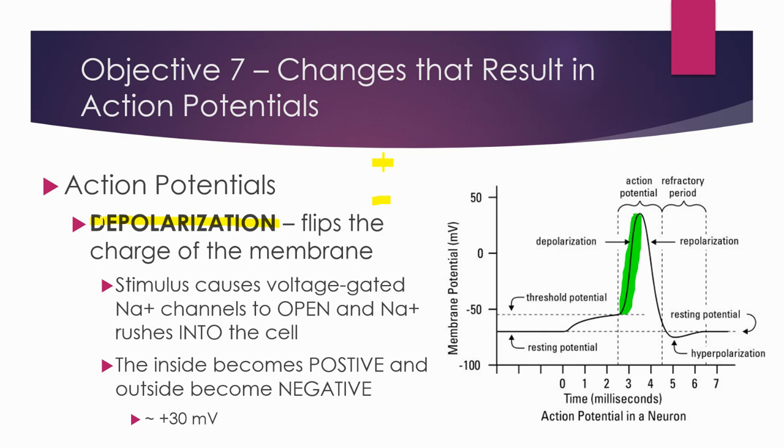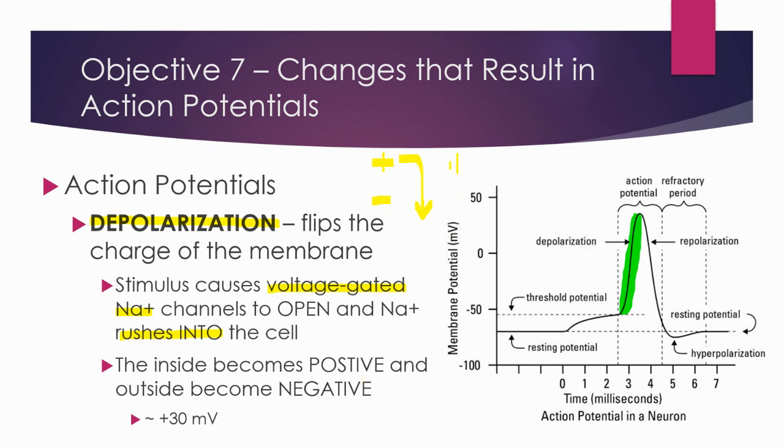Now, when this stimulus comes in and changes the voltage of the membrane, it's going to affect these voltage-gated sodium channels. And so sodium is going to rush into the cell, and these positive ions are going to rush to the other side, into the cell, and it's going to flip that charge.